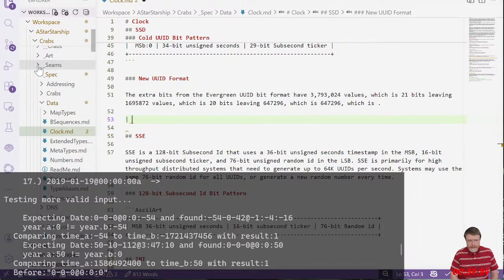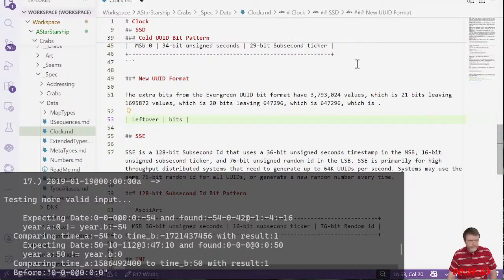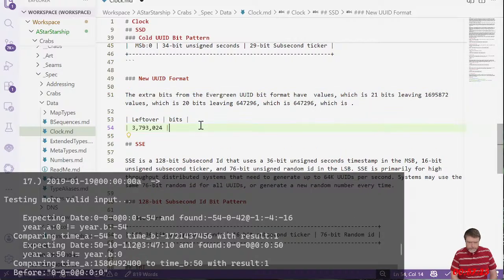Now let's see if we can get something on this though. 21.